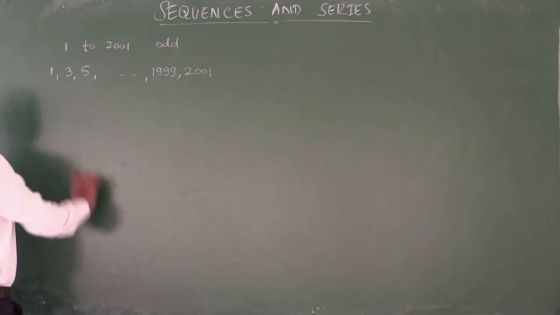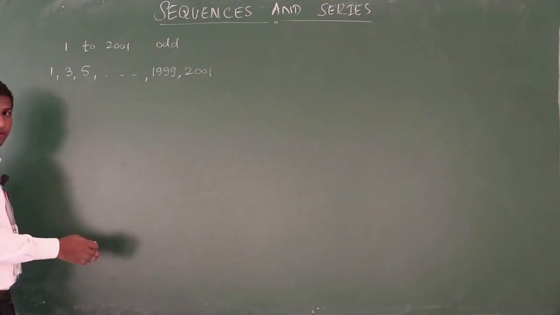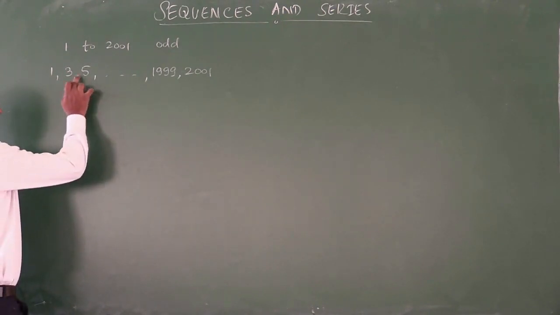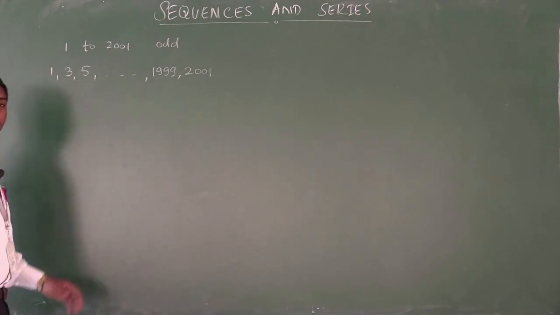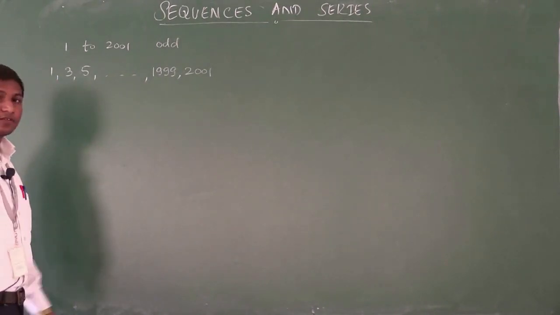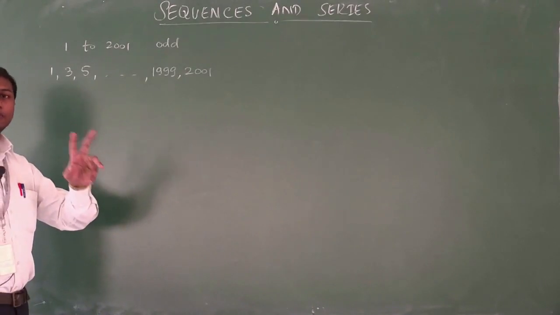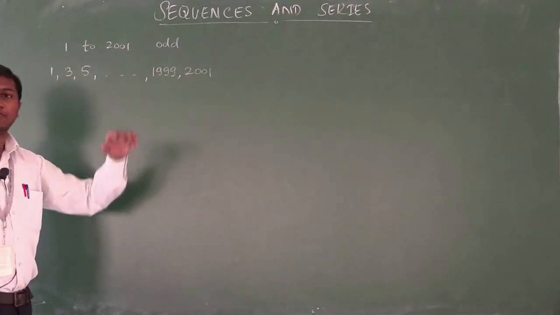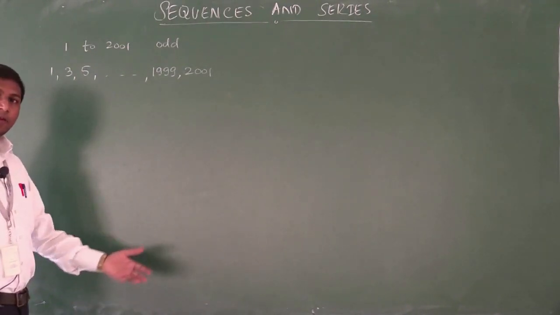Second term minus first term, 3 minus 1, gives us 2. Then third term minus second term, 5 minus 3, gives us 2 again. So you can see that there is a common difference between the consecutive terms of this sequence. Hence this is an example of an AP.